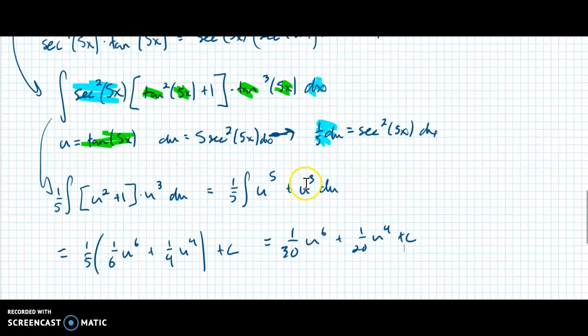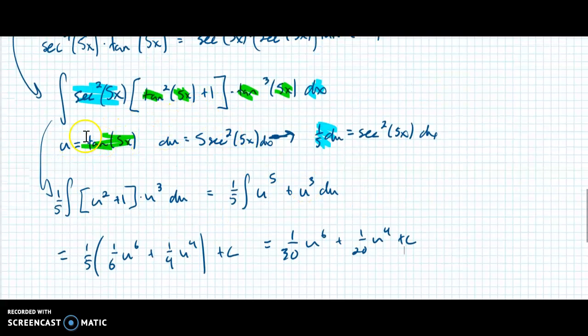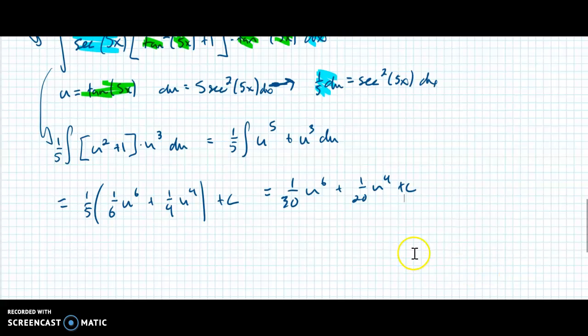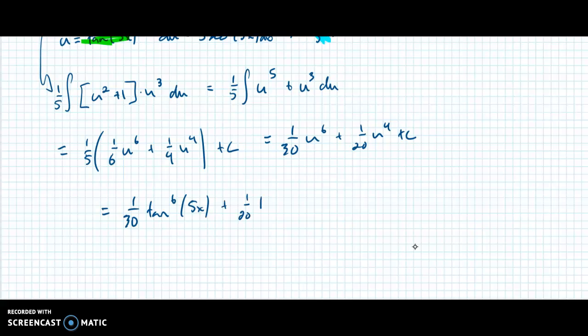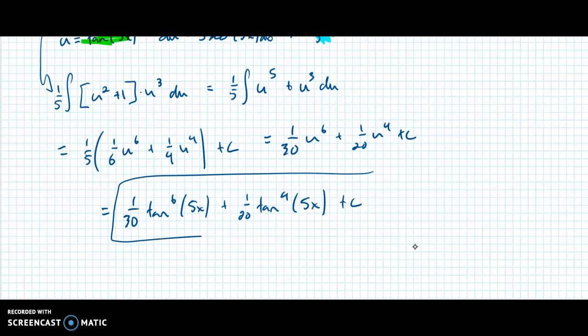And then my last step is just to sub back in my u. Remember, u is this tan of 5x. So what do we get? We get 1/30 tan to the 6th of 5x plus 1/20 tan to the 4th of 5x plus a constant.